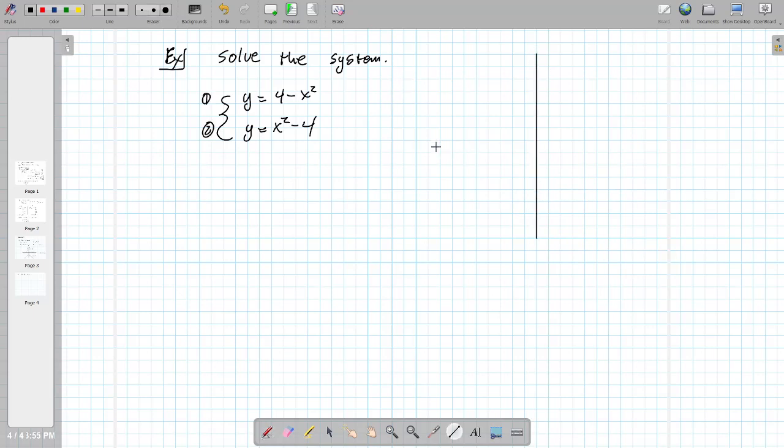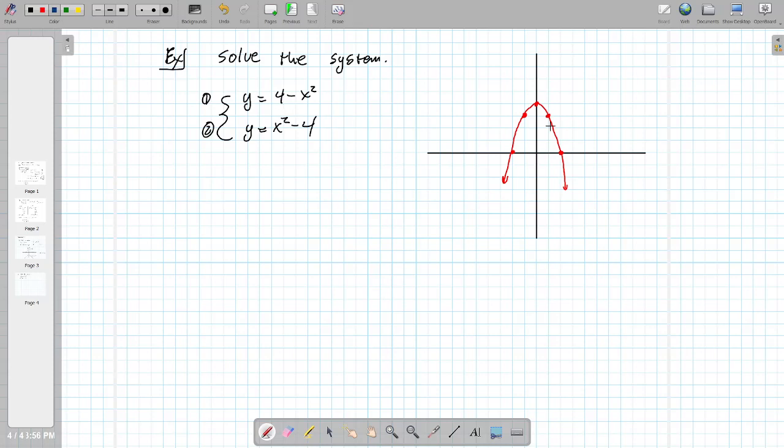Now let's go ahead and graph these. Start by graphing equation 1, and I'm going to graph that one in red. We have a y-intercept of 4, and it's upside down, meaning that it's opening downward. Otherwise, it's the parent graph. We have something that looks like this.